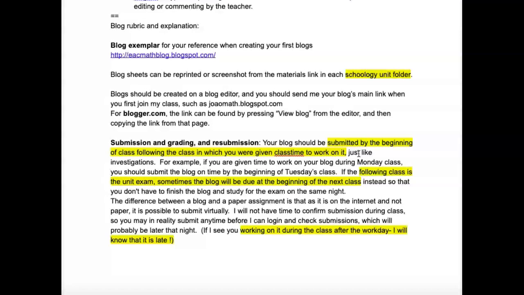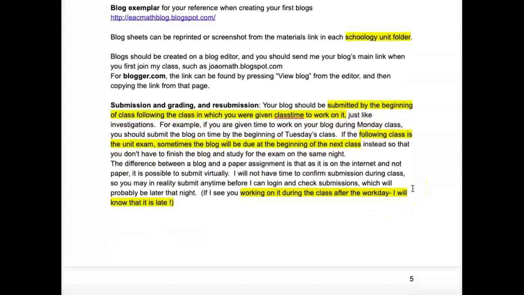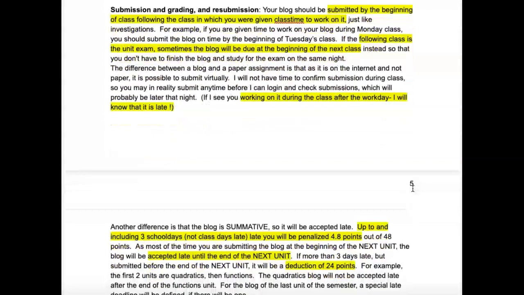If you are working on it during the class that it's due on campus, then I'll know that it's late and I will mark it late immediately, okay? So don't be working on it the day it's due because it should have been done at the beginning of class. Okay, and I already covered that.